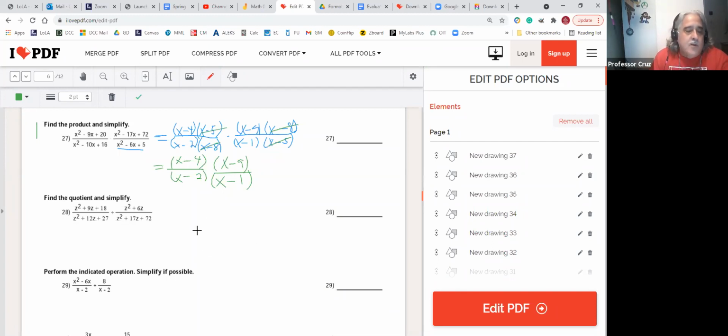All right, so next one is a quotient. So what we got to do is we got to take this one and turn it upside down. The other one stays the way it is.